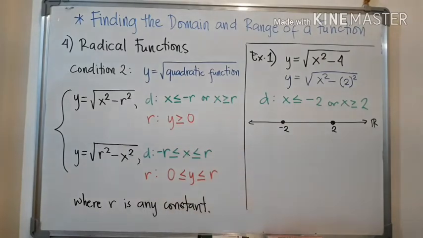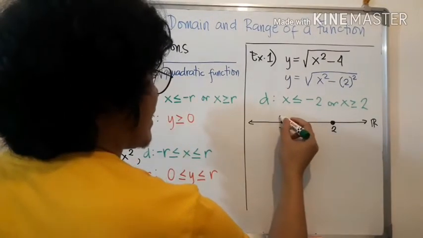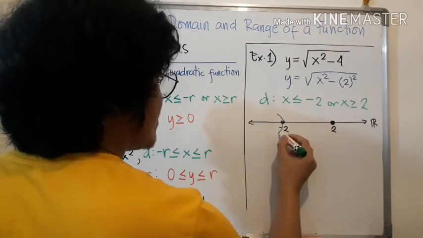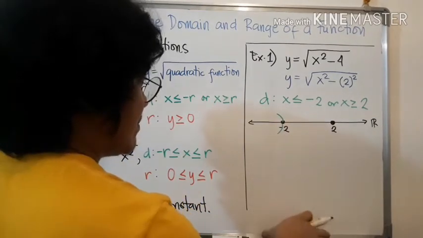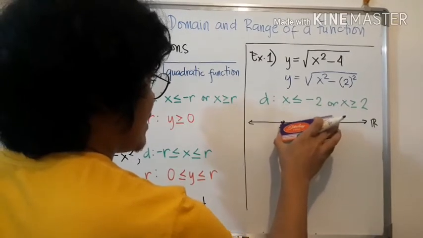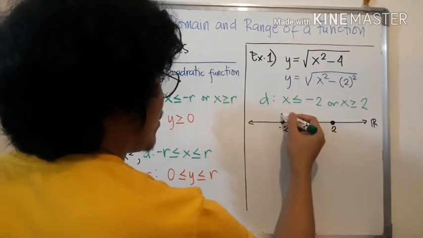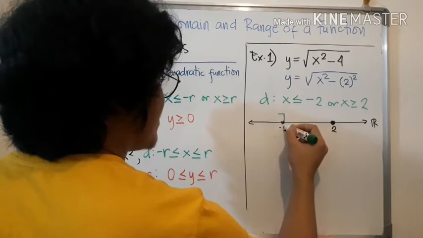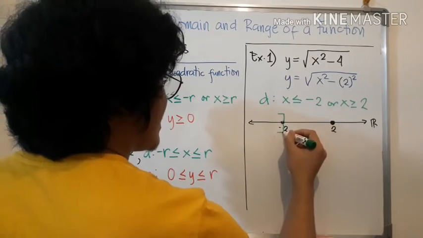The domain here is the set of all x, and we'll make use of a bracket.